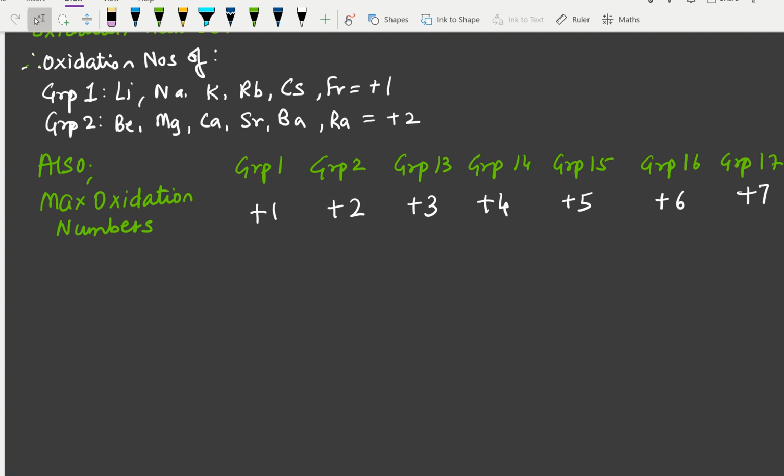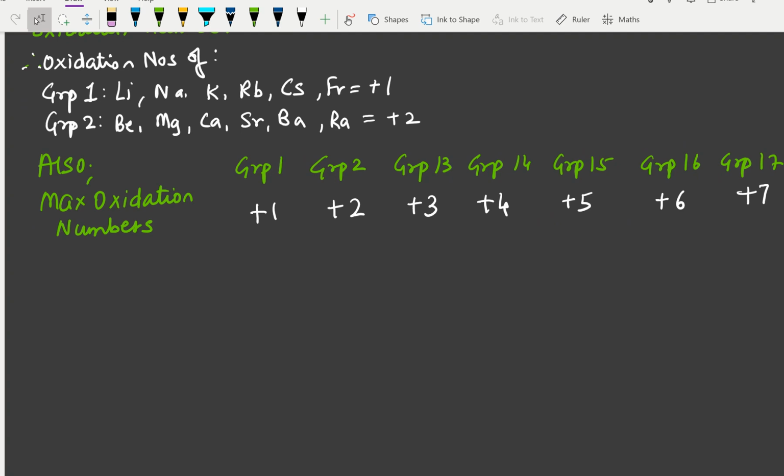So what do you observe? You observe that the elements in group 1 and 2 will virtually always have the group number as their oxidation numbers. So group 1 will have an oxidation number of plus 1 and group 2 elements will have an oxidation number of plus 2.